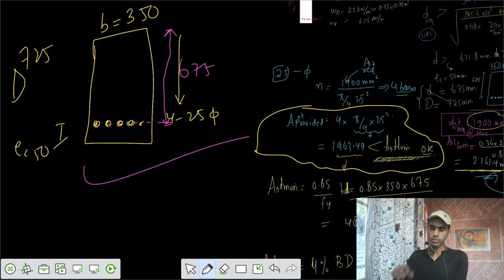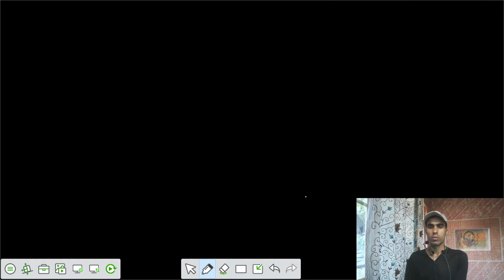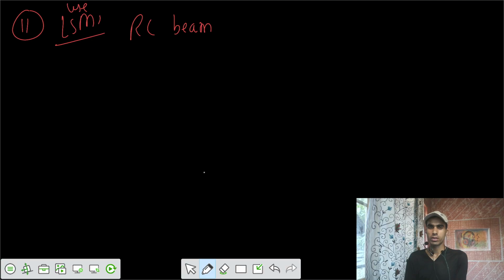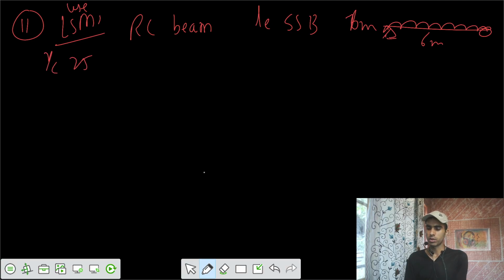Let's take problem 11. Problem number 11. Here we have LSM, limit state method, for an RC beam, reinforced concrete beam, with an effective span of 6 meters, simply supported, having some UDL, and gamma concrete is 25 kilonewton per meter cube.